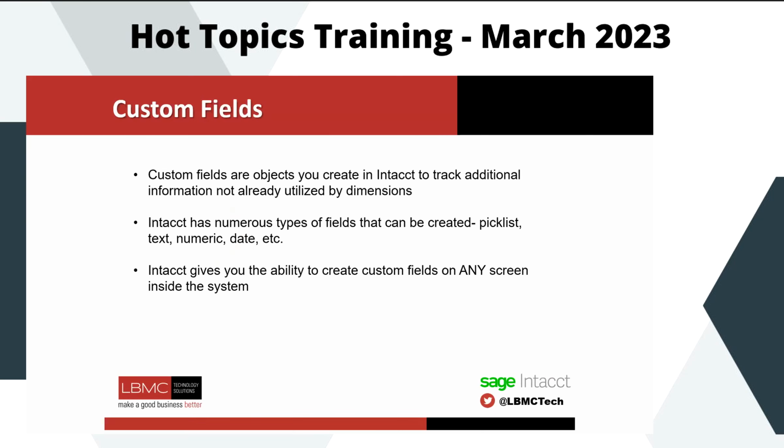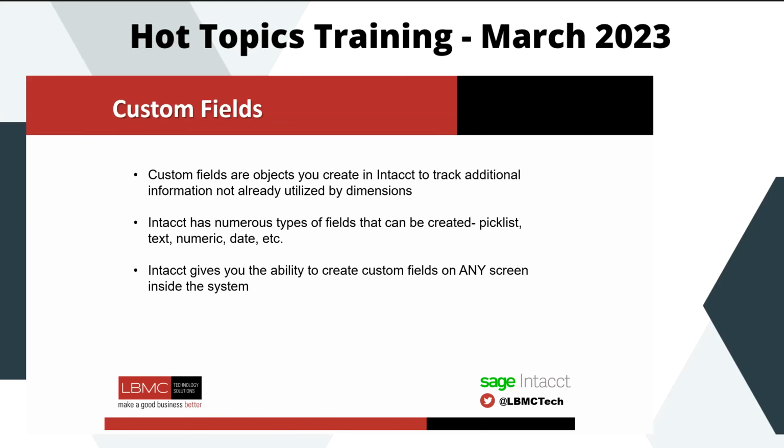That is things like departments, locations, items, class, and things of that nature. Intacct has numerous types of fields that can be used within custom fields. You can use things such as pick lists, types of text, any numeric data, and any text field that you might need.